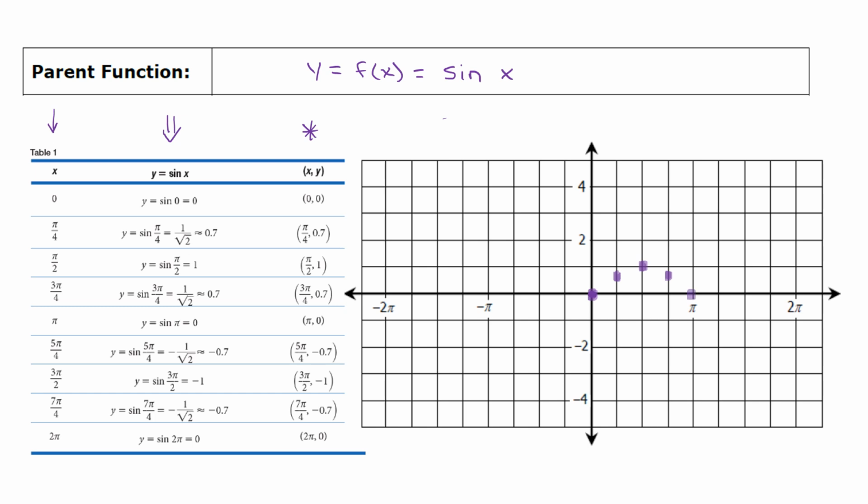Then we have 5 pi over 4, negative 0.7. Then we have 3 pi over 2, negative 1. Then 7 pi over 4, negative 0.7. And then we have 2 pi, 0. Okay. And so now we can connect those dots.